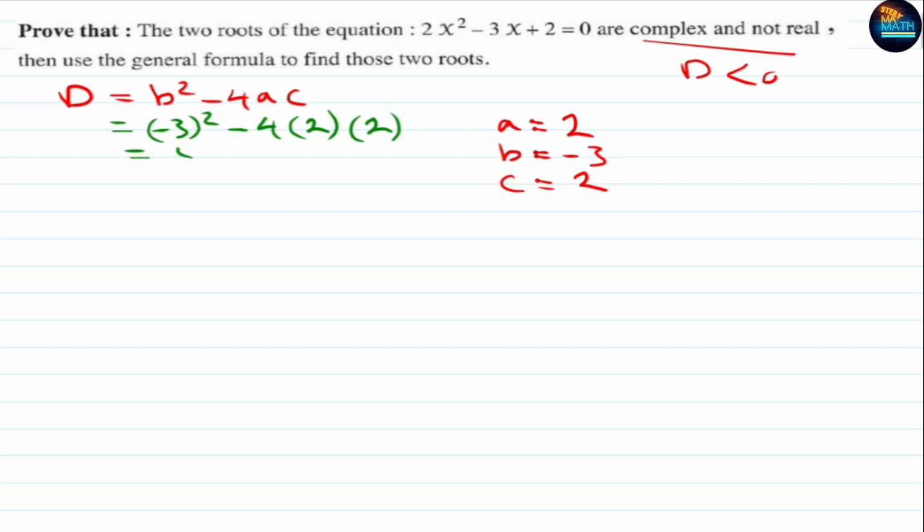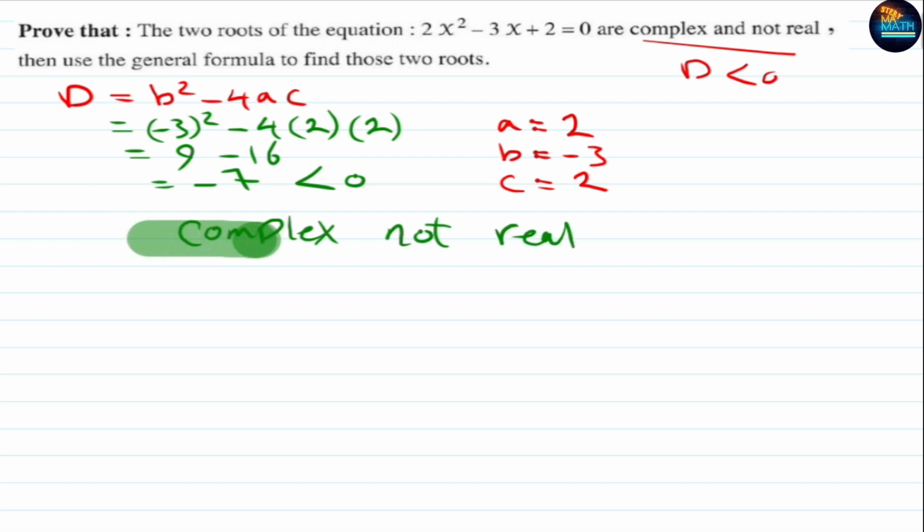Negative 3 squared is 9, and negative 4 times 2 is negative 8, times 2 is negative 16. 9 minus 16 is equal to negative 7. So here the discriminant is smaller than 0, so that means they are, of course, complex and not real.